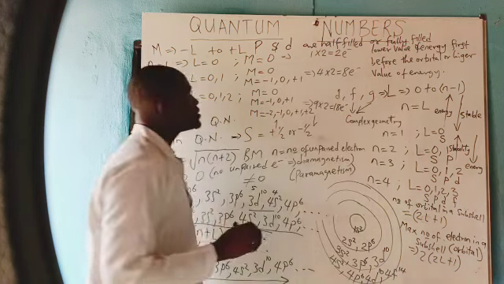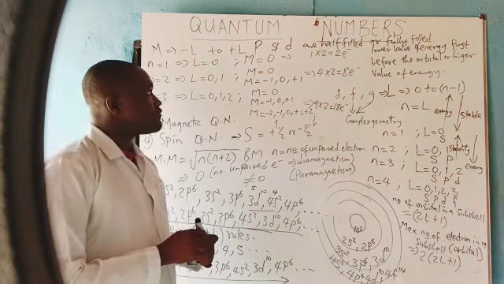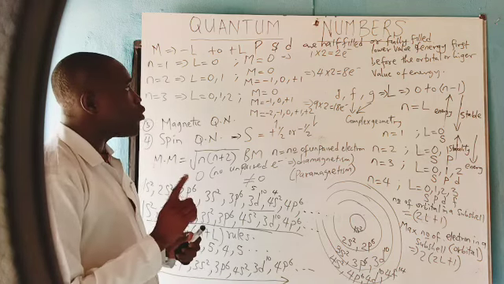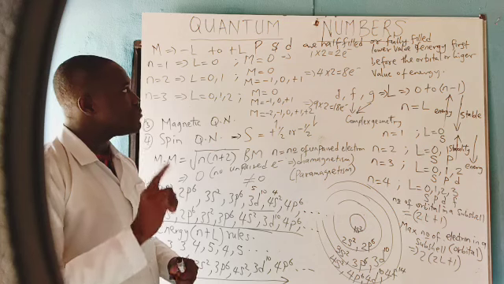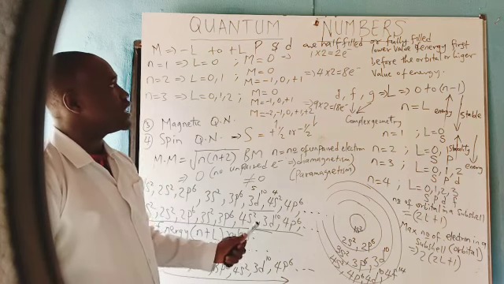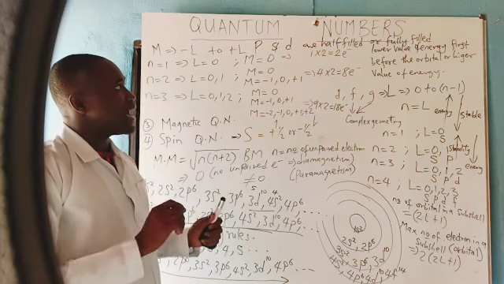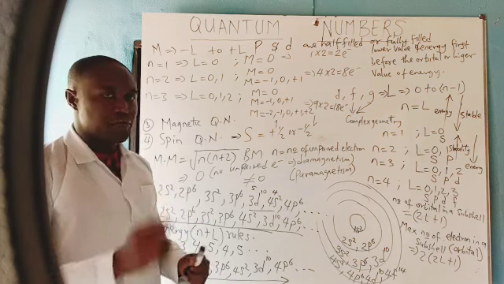So we said that the electron configuration of an element is said to be what? Stable if the p and the d orbital part is half-filled or fully filled.